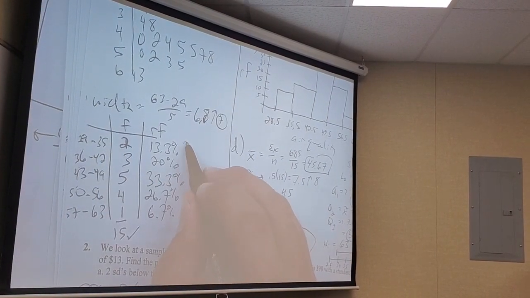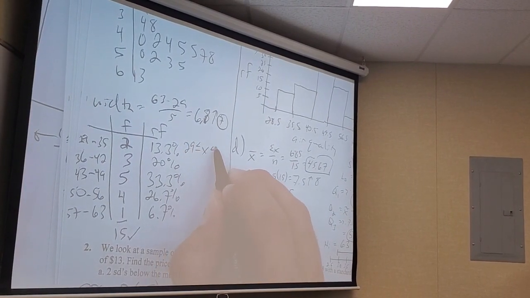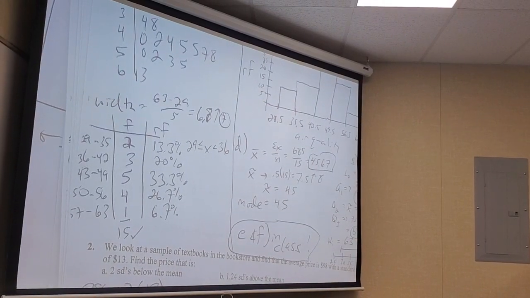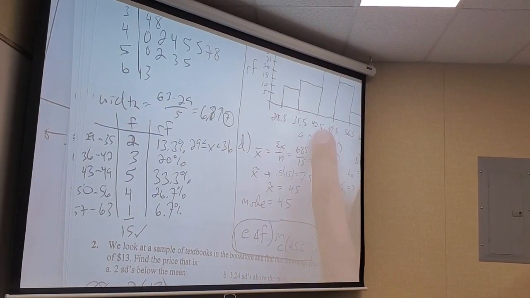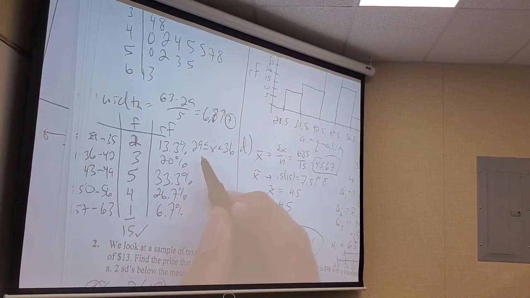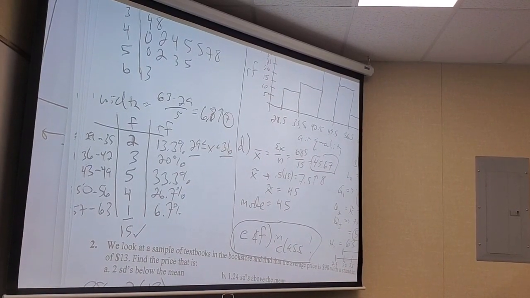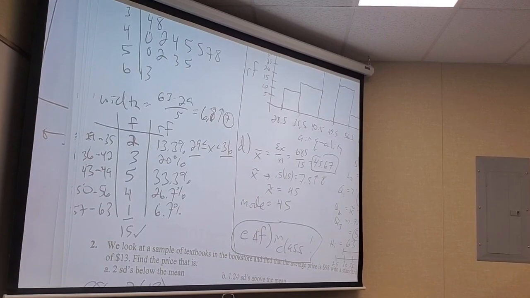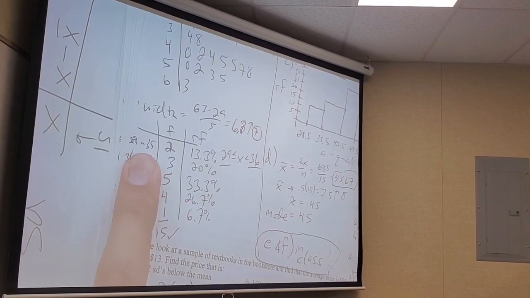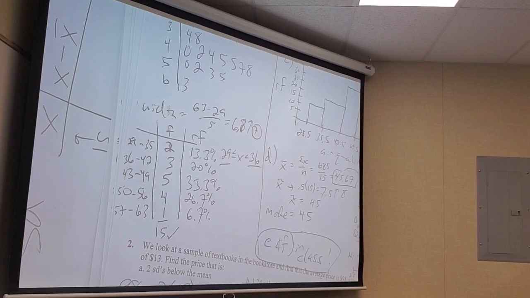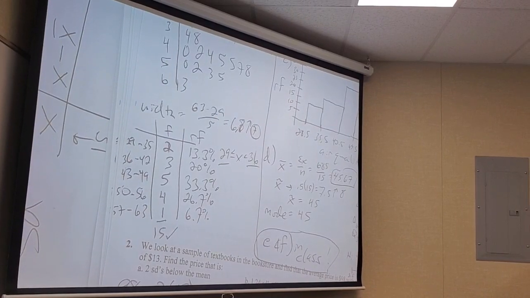If your first class was 29 less than or equal to x less than 36, which is the other way to do this, then I could put 29, 36, and so on, because those would be the actual boundaries of that class. If you use the inequality method, the numbers I see are the boundaries. If you use the textbook method, the boundaries are hidden. They're half up and half down.